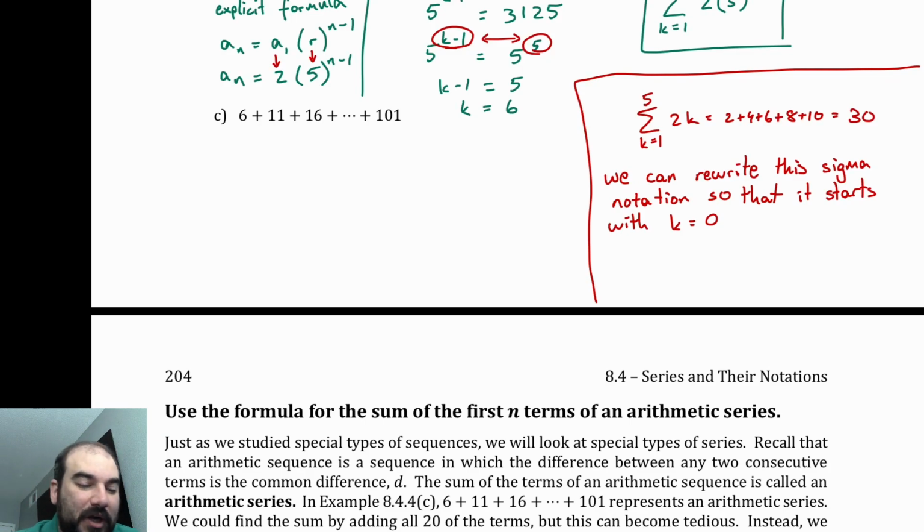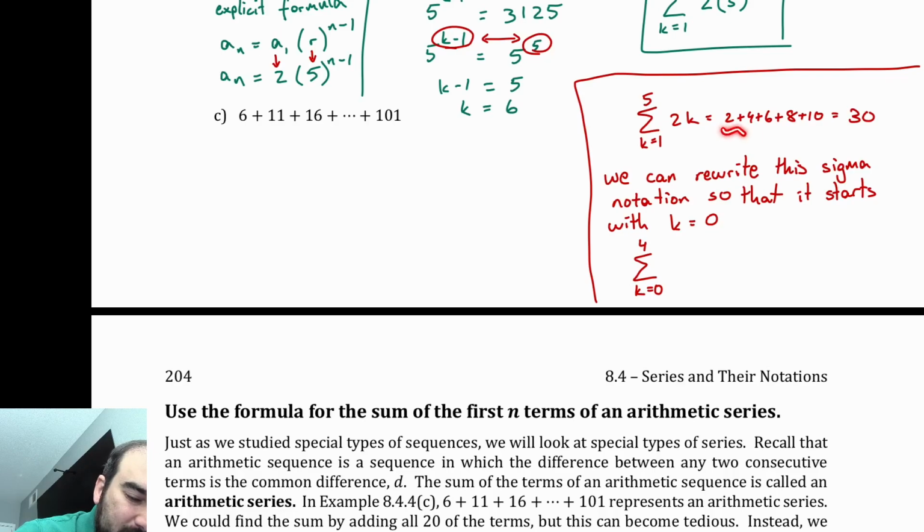Let's say we wanted to start our index at 0. We can rewrite this where k starts at 0, and as long as I carry whatever I did to all of the different k's, we'll be good. What I've done from here to here is reduce the k by 1, which would also reduce my stopping point by 1. So it would go from 0 to 4 as far as the indices are concerned.